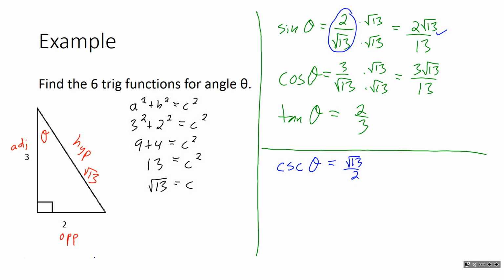We're good. All right, then the secant is the reciprocal of the cosine, so let's flip over this first version here. Square root of 13 over 3. And then the cotangent is just the reciprocal of the tangent. 2/3 becomes 3/2.